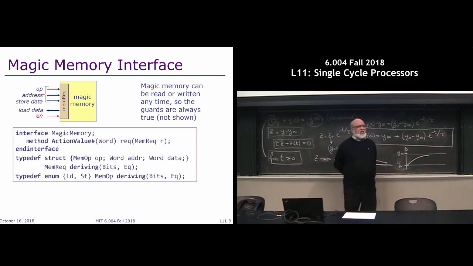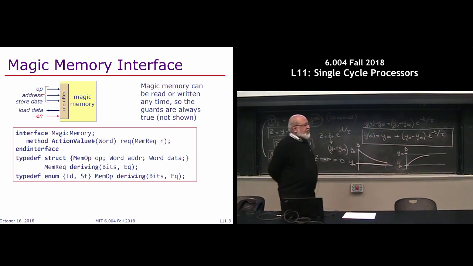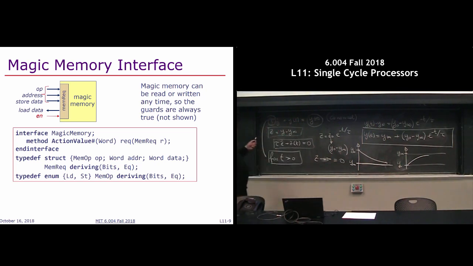And here is the interface. This is relevant for us because this is what we'll be using. The interface of magic memory is that it has only one action value method, which we call request. You send R in, and if you look at R, it has op, address, and data word, and the opcode can be load or store.